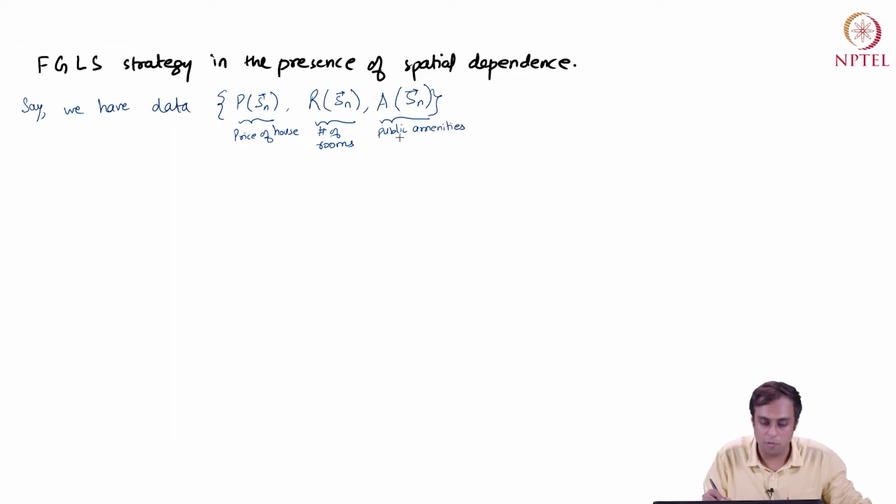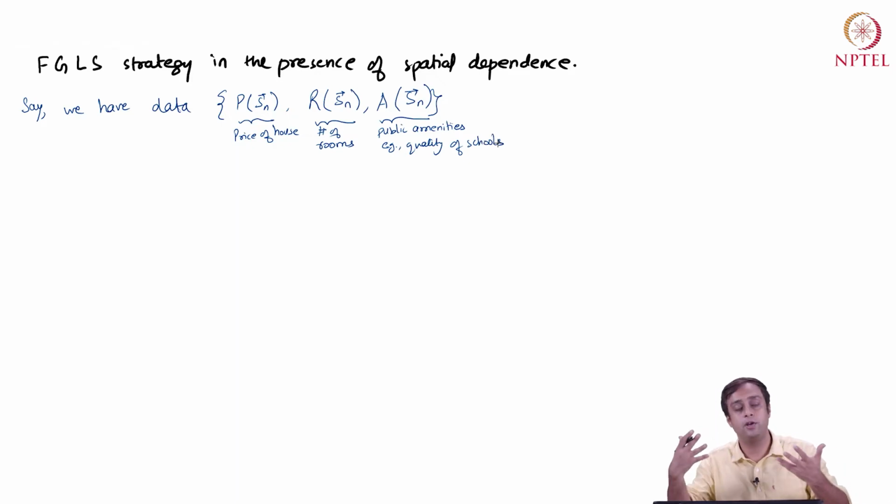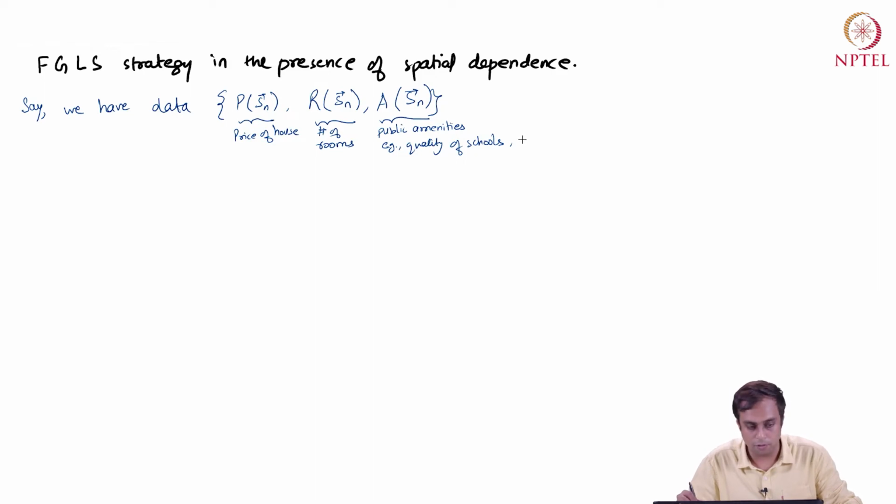This could be the quality of schools in a neighborhood attributable to that particular house, or public parks. People care about parks when they buy homes, they care about school quality around that area, etc.